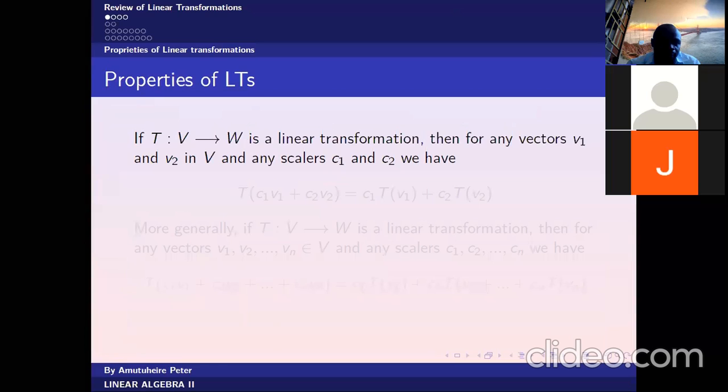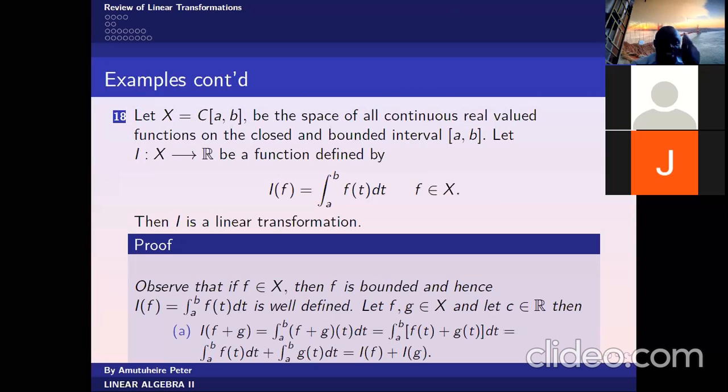Next, we want to look at properties of linear transformations. But before the properties, there's an exercise. There are some functions which are given, and you're supposed to prove that they are linear transformations. Next time, I want you to work out that exercise at an individual level.